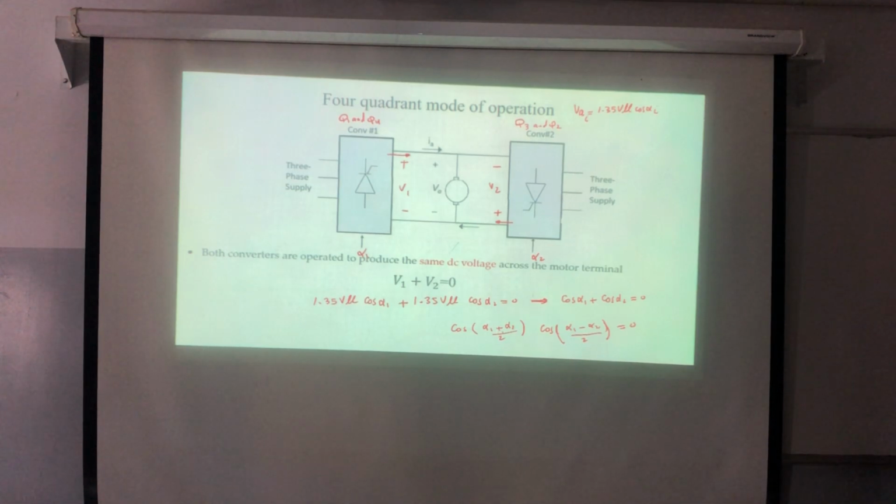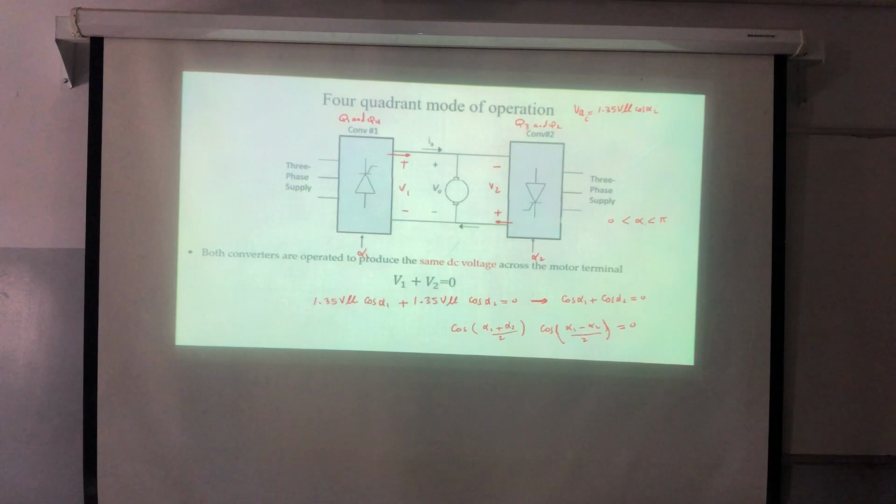Now, which term here can equal to 0? If alpha 1 minus alpha 2 is equal to 0, now alpha is between what and what? 0 and pi.